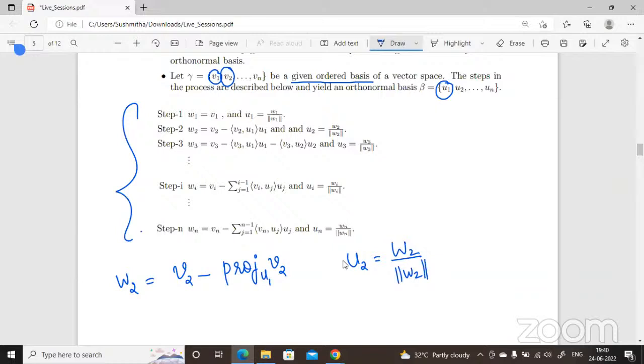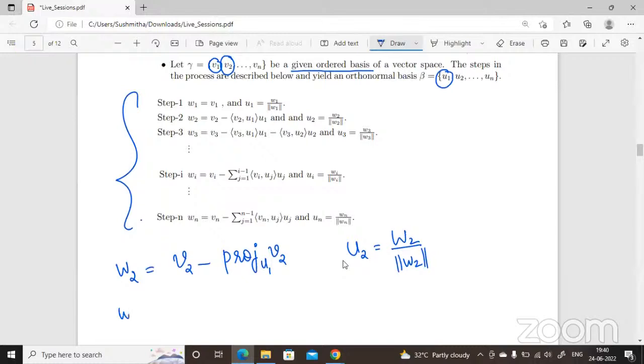The final step is just dividing by the norm. Is it clear what is happening? The calculation is a lot, but yes.